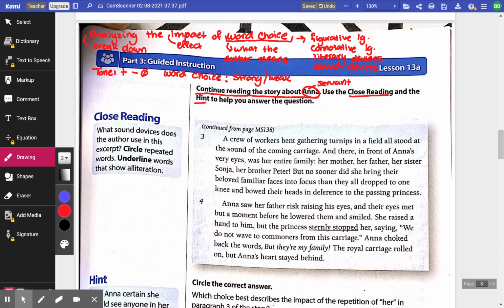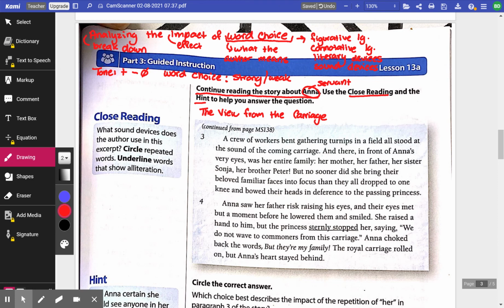So the close reading is going to help us guide our reading, and the hint will help us answer the question. So before we actually get into the story, let's take a minute to refresh on what we remember from the story from last time. So the title of our story is The View from the Carriage. So I'm going to write that down below. And we said a carriage was a type of horse-drawn compartment that they used for travel.